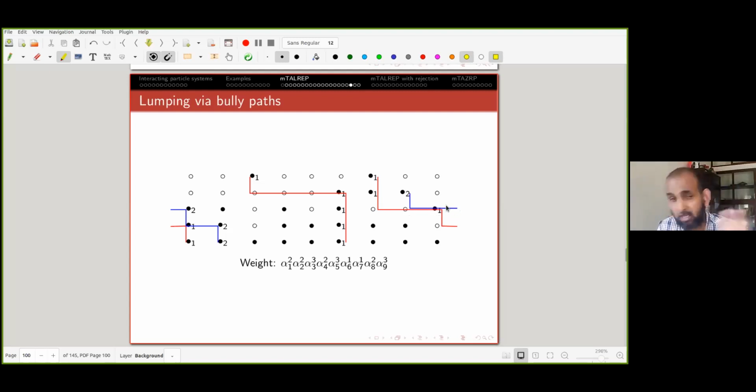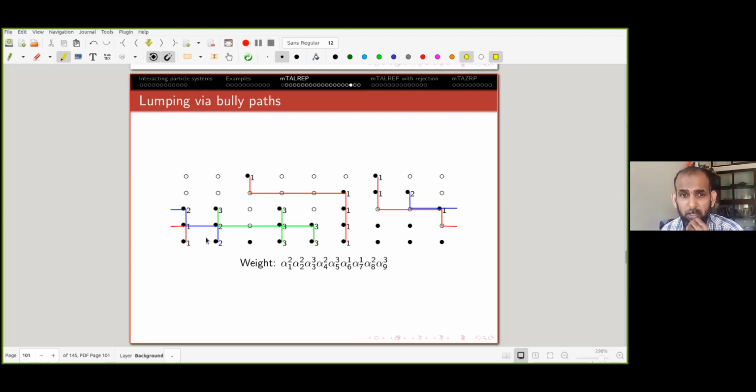This one has already been taken, so it goes here, finds this 2, comes down, this one has already been taken, 2, 2. And then you do it with the 3s and the 4s and the 5s. At the end, you end up with this configuration 1, 2, 5, 3, 3, 1, 4, 4, 5. That is the projection. So this is the projection map from this multi-line process to the multi-species process.